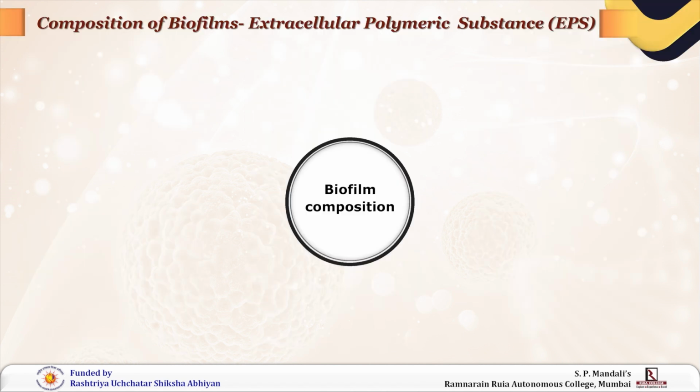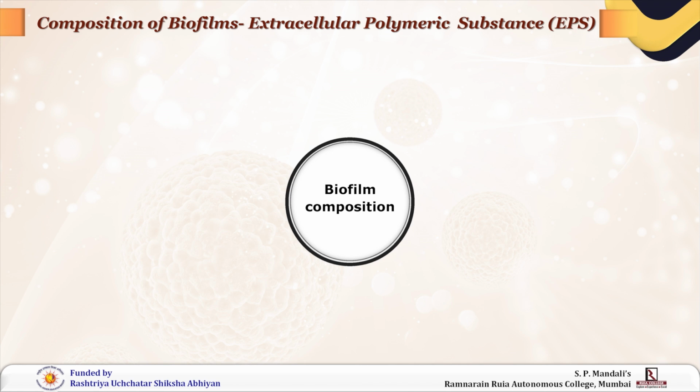The microbial biofilm consists of a 3D extracellular matrix in which the bacteria are embedded. The gooey matrix that sticks bacteria to each other and to the surface is composed of a complex array of substances that are grouped as extrapolymeric substances.